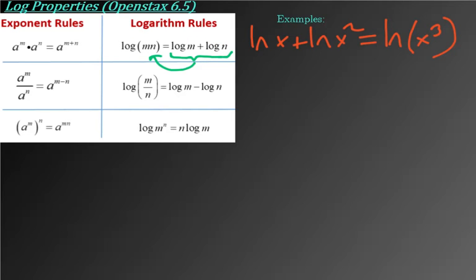So again, we could have log base 2 of 7 minus log base 2 of x, and maybe we just want to combine that into one log, and if we did it that way, it would be log base 2 of 7 over x, okay? Whatever the negative one is is what's going to go on the bottom. So with the minus log n there, n is on the bottom, okay?